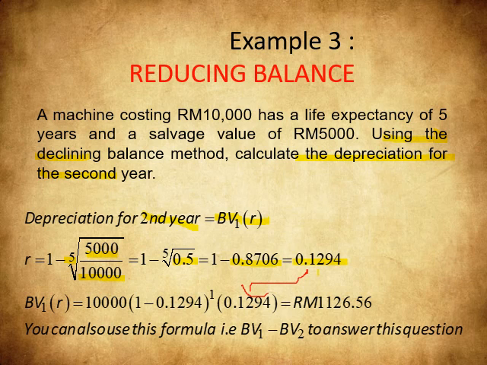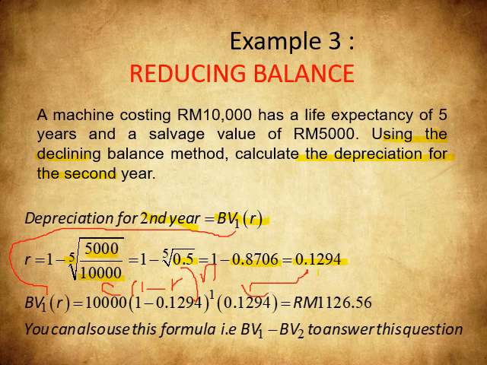Okay, BV1 times R, ini formula yang tadi untuk cari depreciation for the second year. Okay, so berapa BV1? Kita guna formula apa untuk cari BV1? Cost, in the bracket 1 minus R, power of N. Okay, so cost 10,000, 1 minus R, R what we have calculated in the first step, 0.1294.